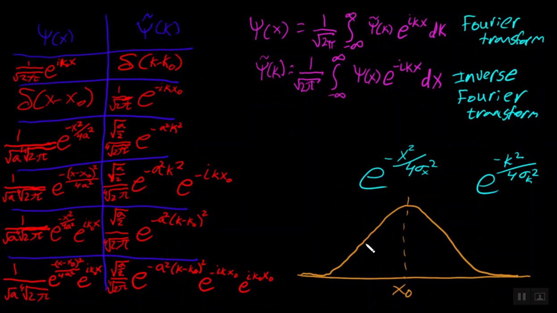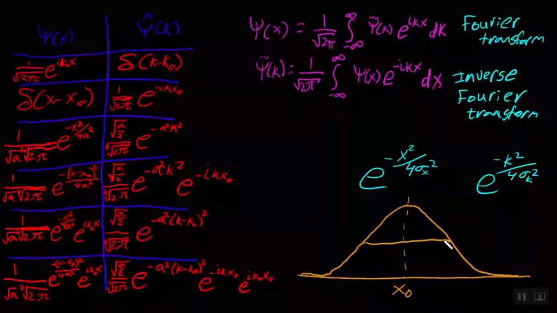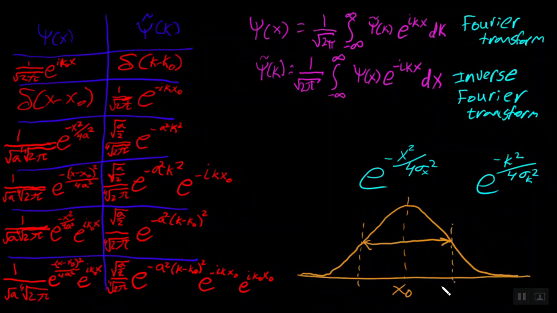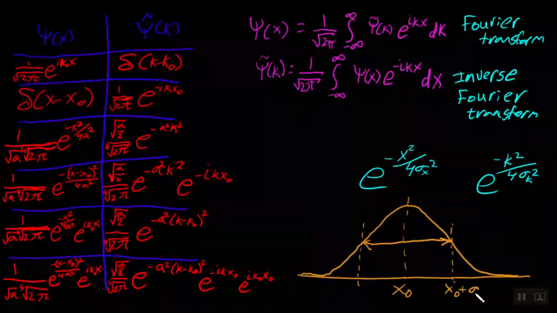This will have some width at some point, and you could pick this point special, so that this is x naught plus sigma x, and this was x naught minus sigma x.